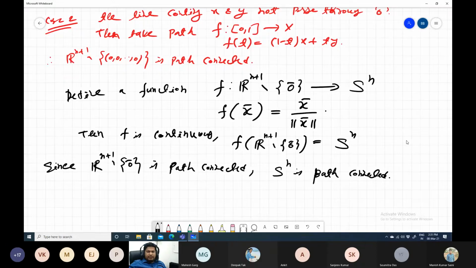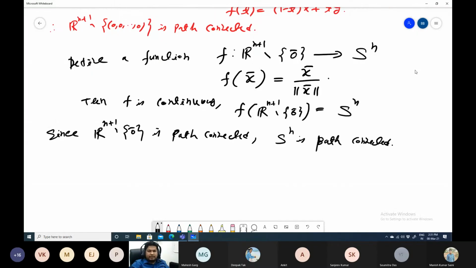ठीक है, तो ऐसे हम दिखा सकते हैं कि Sn is path connected. नाउ और भी एक सिंपल प्रॉब्लम है, एग्जांपल जो हमने मुझे पहले करना चाहिए था. सपोज मान लो कि Rn is path connected, कैसे दिखाओगे? Line joining 2 points forms a path.